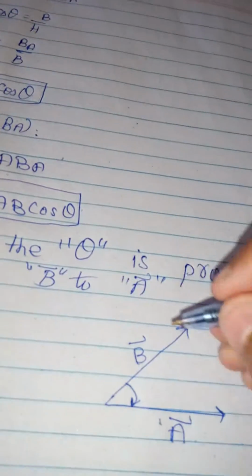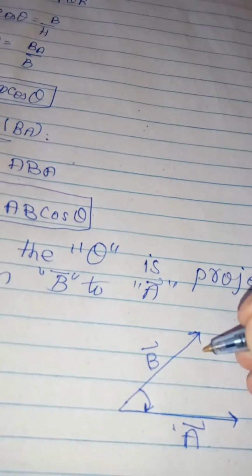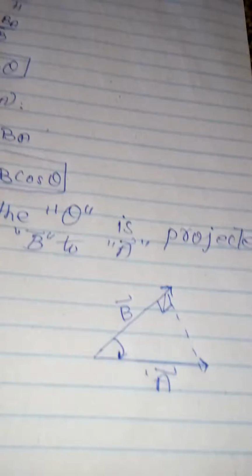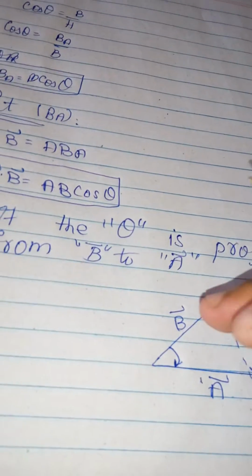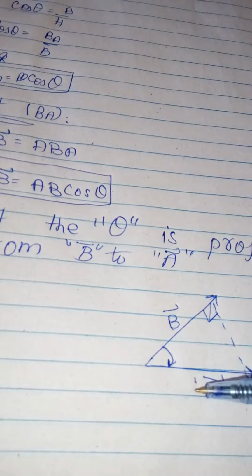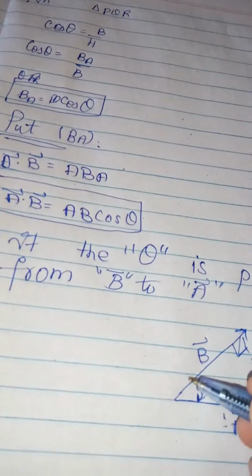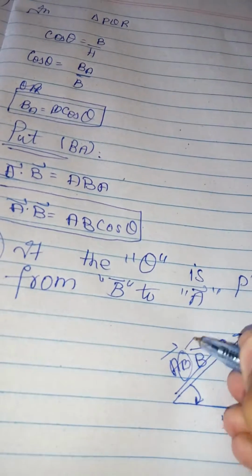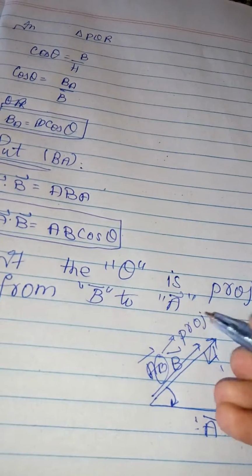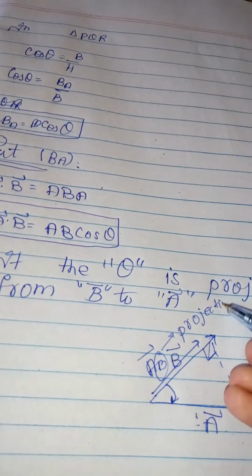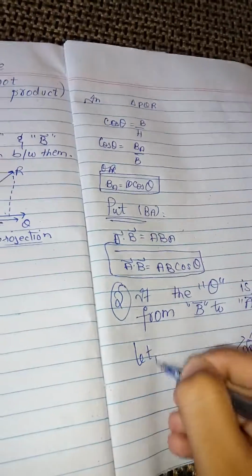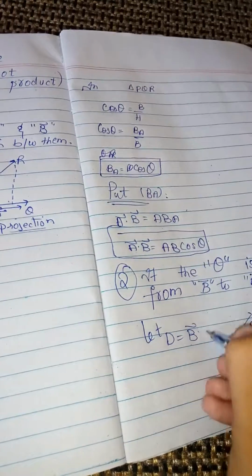Then what will happen? If we reflect it, it will become like this, and two right angles will be formed here. Now because the projection of b is going onto a, we can write the projection as a_b. So let d be equal to b vector dot a vector.